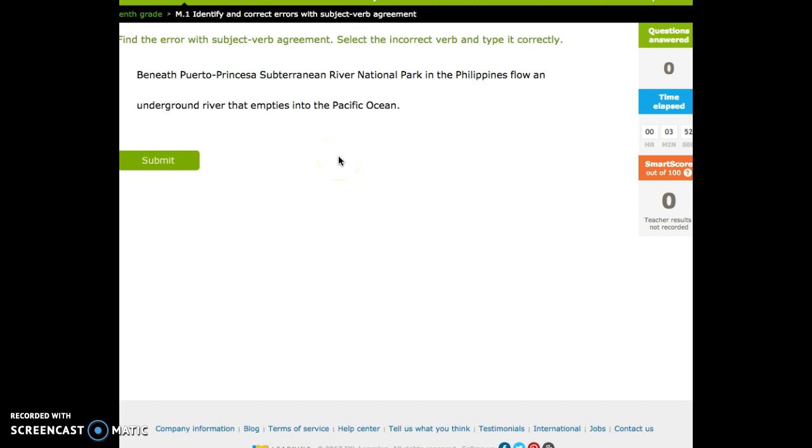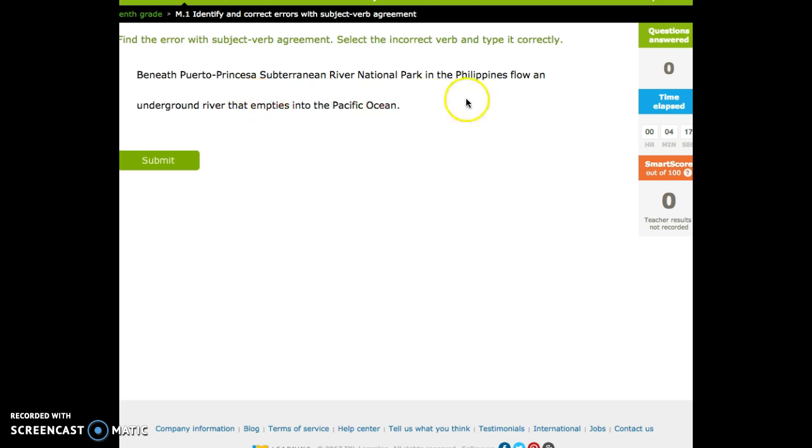So, beneath Puerto Princesa Subterranean River National Park in the Philippines, flow an underground river that empties into the Pacific Ocean. This one's a little bit challenging. To find the subject, let's ask ourselves, what is the thing that is doing the verb? And the main verb in here is flow.